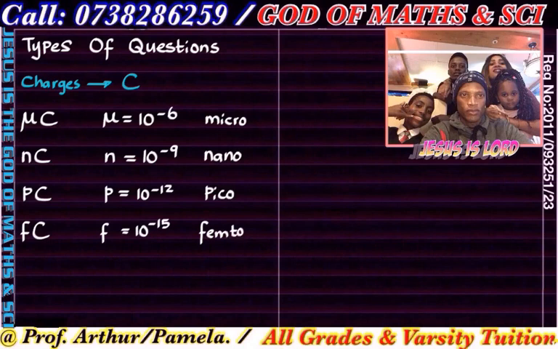So let's have an example quick. If they give me 3 microcoulomb, mathematically, I want you to understand, most of the time the last letter is actually the units.